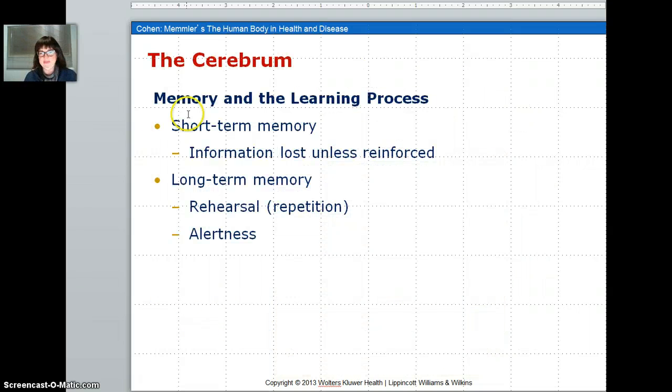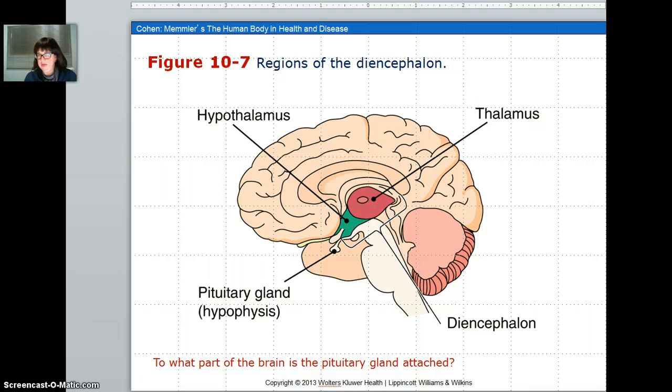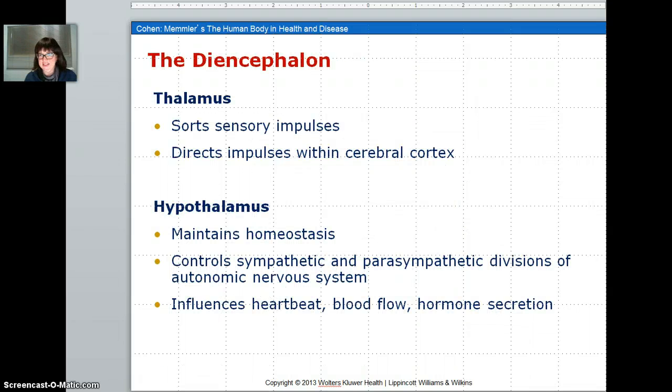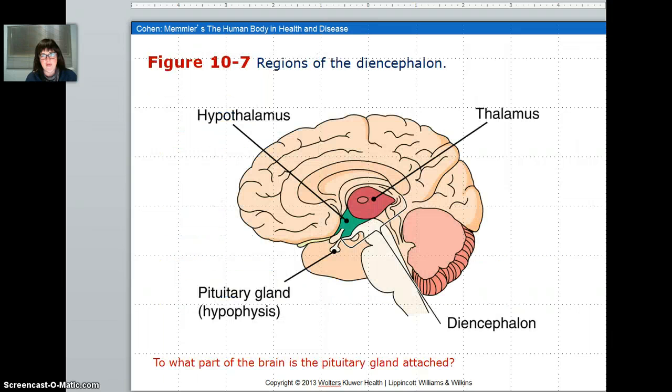The cerebrum is mainly short-term and long-term memory. Then when we talk about the diencephalon, it's kind of the interpreter. So it sorts the sensory impulses which come up from the brainstem.